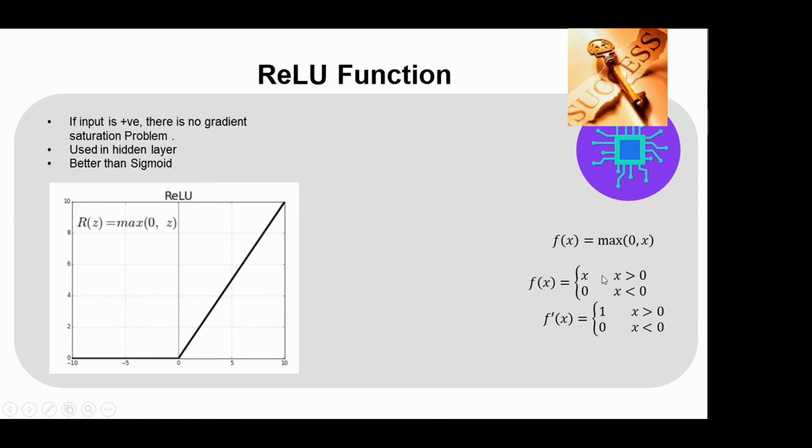If x is greater than 0, meaning the value at the neuron node is greater than 0, whatever the value, that will be the final value x. And if there is a negative value, then the minimum value will be 0. And what is f dash x, the derivation of it? 1.